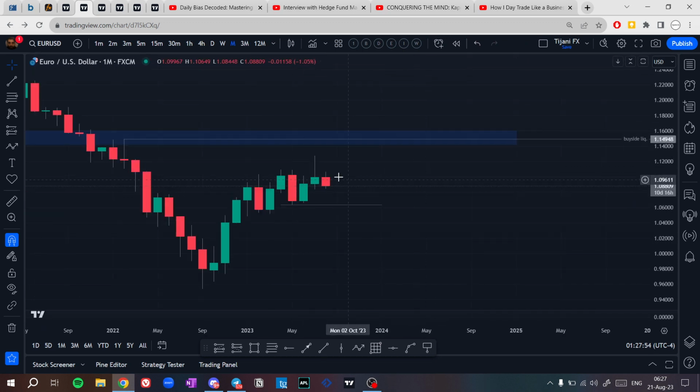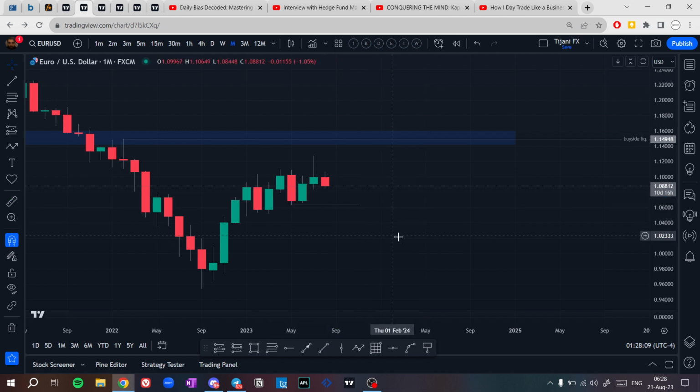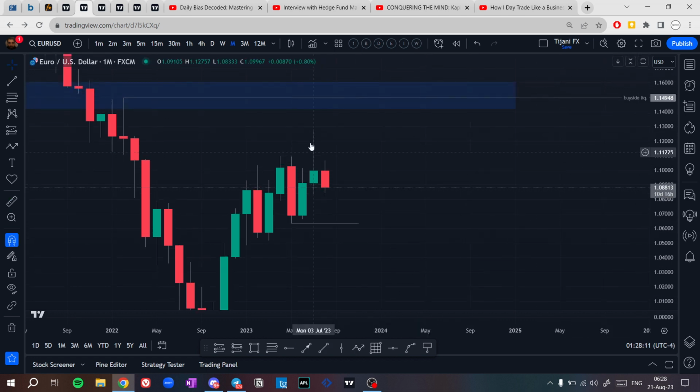On the monthly time frame it is the same. You see price has taken the buy side liquidity above these equal highs here, right? And July's candle has taken the buy side liquidity above this high, then closes as a bearish contraction candle here.